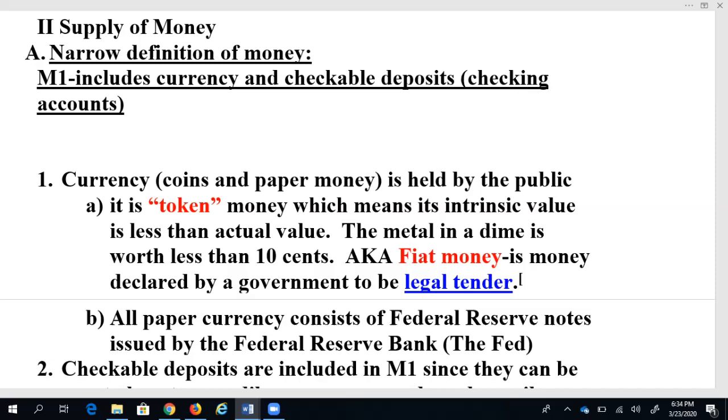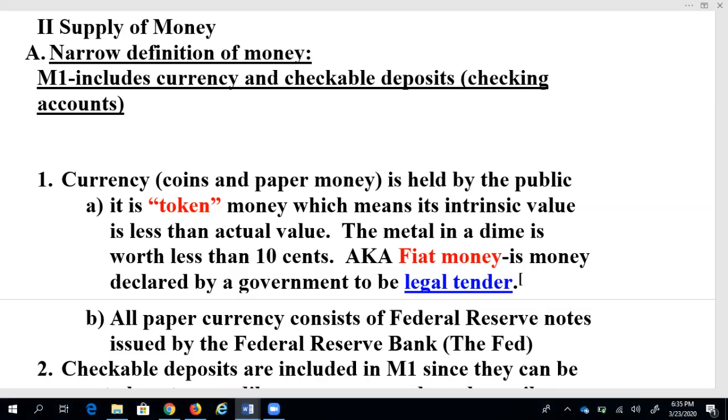The only reason the dollar is worth something is because the government says it's worth something. So that's what token money is talking about. The intrinsic value is less than the actual value. A $20 bill is not worth $20 in ink and paper. So token money is fiat money. Fiat money is money that's declared by fiat by the government to be legal tender.